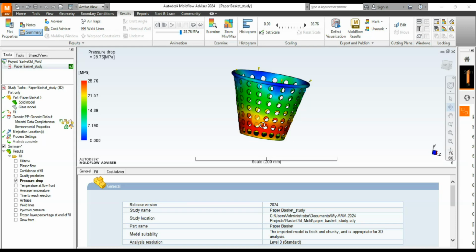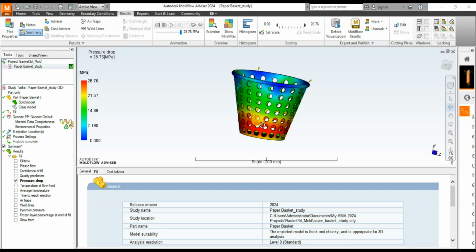Having said that, we should also know that if the default value of 180 MPa for maximum injection pressure limit is higher than the actual molding machine capacity, the confidence of fill result will be better than is actually expected.